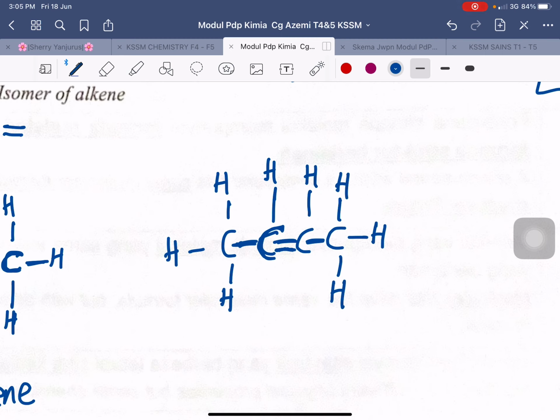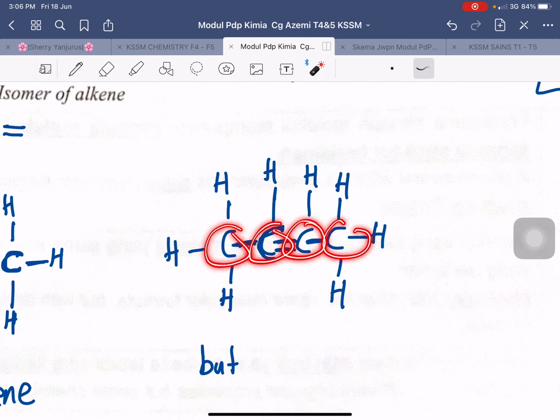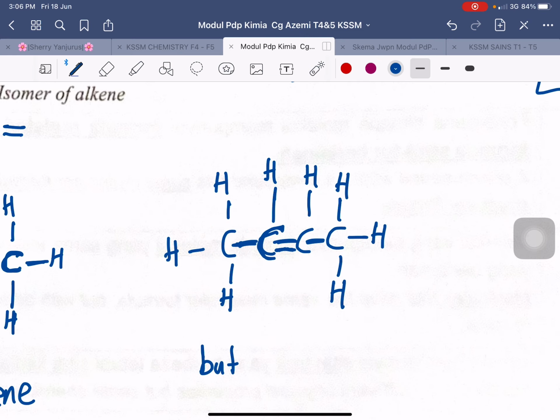Okay, so how to name? Name the longest chain first. It is still but, the longest chain, because there is 1, 2, 3, 4. So it is still but. So how to name this isomer? You remember, if you see a functional group, you have to determine where its position is. Give the number first from the front. 1, 2, 3, 4.